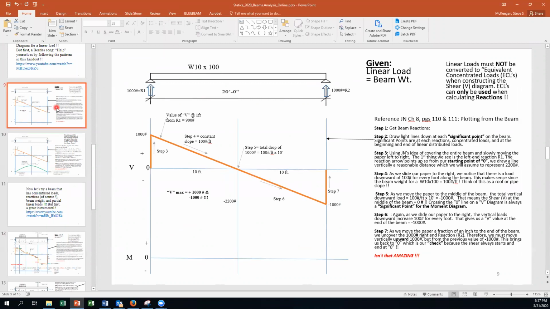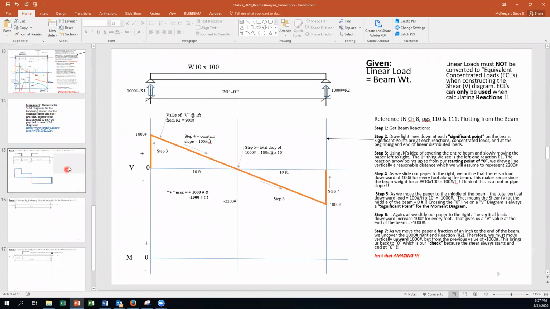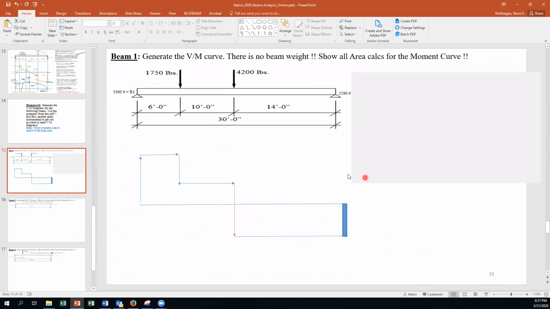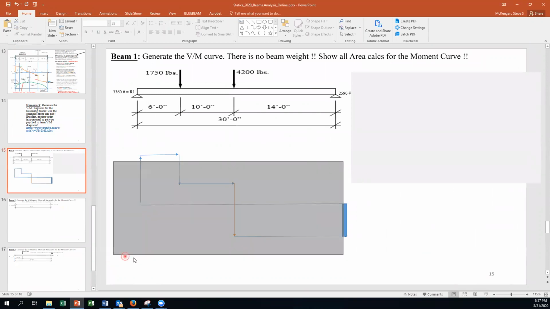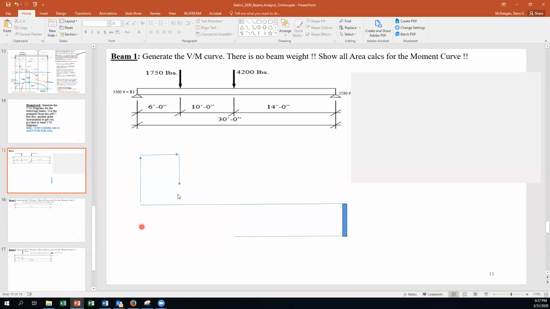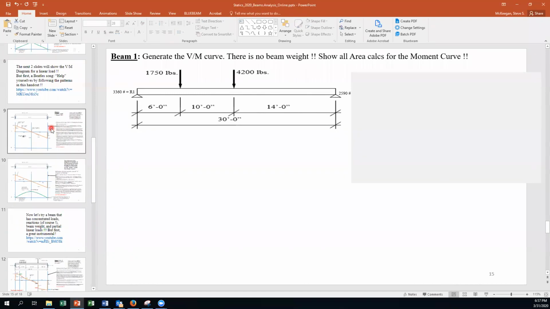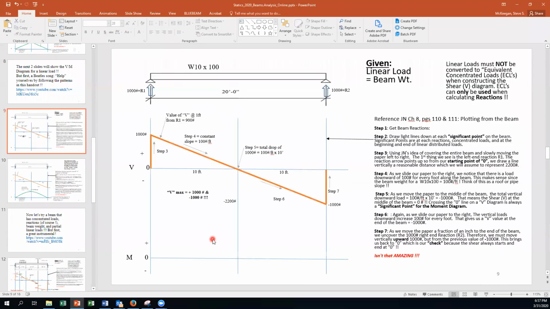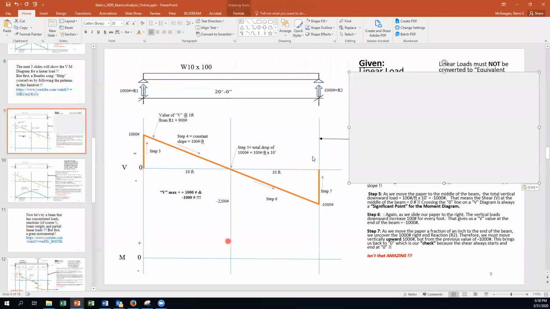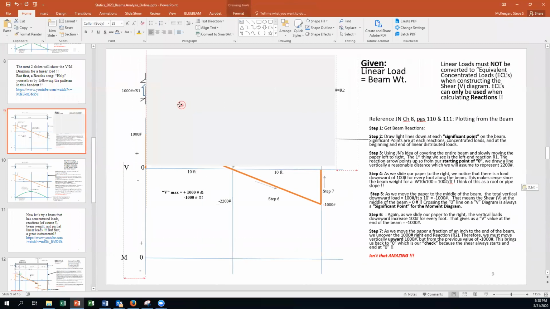So if I go back to, so now if I cover up that beam, same thing.